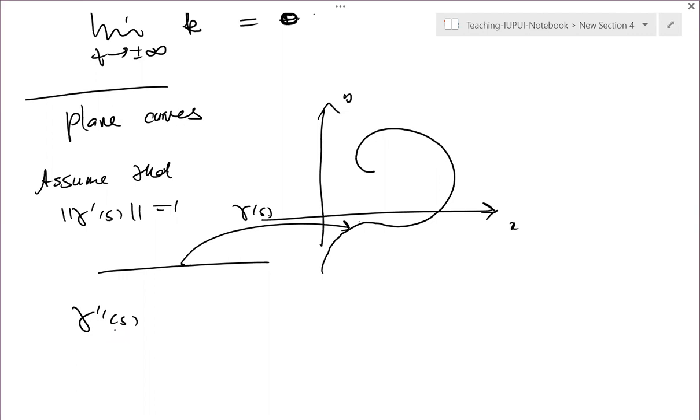In here it looks like that, and here it's curving in that direction. This is the second derivative. It's not always in one direction.